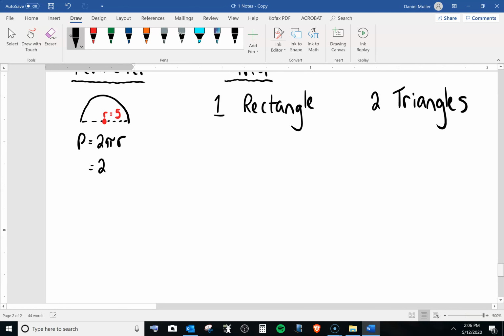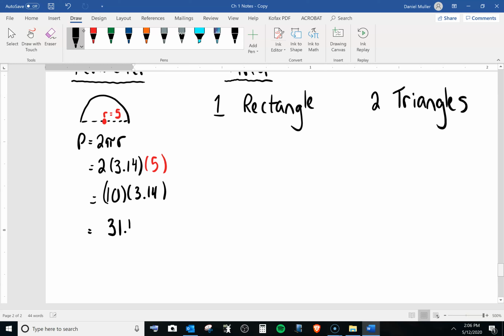And remember that pi is 3.14, and the r, the radius, is 5. I'll do the easy part first. The 2 and the 5 is 10 times 3.14. And I like when things are multiplied by 10, because if I have decimals, I can move the decimal place over. So instead of 3.14, I can go 31.4. That makes things a lot easier.